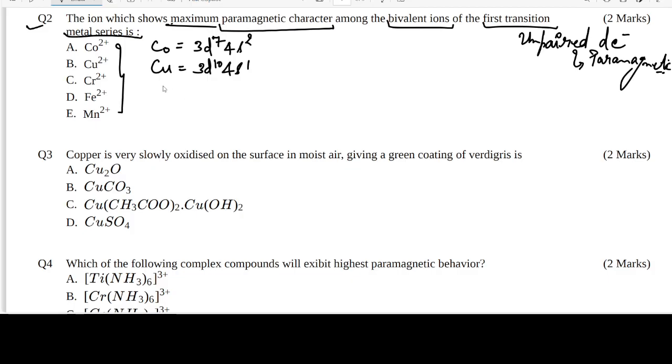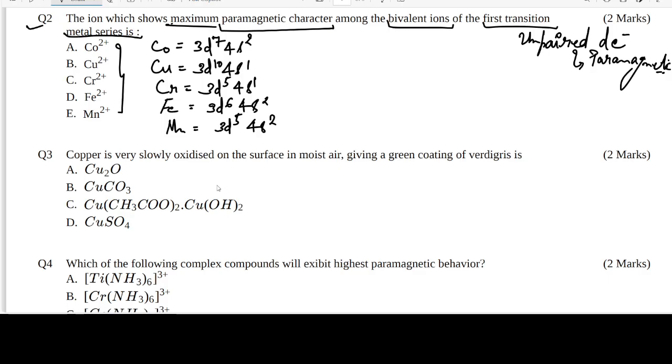Chromium is 3d5 4s1. For iron, 3d6 4s2. And for manganese it is 3d5 4s2. So we did all the electronic configurations of these elements.